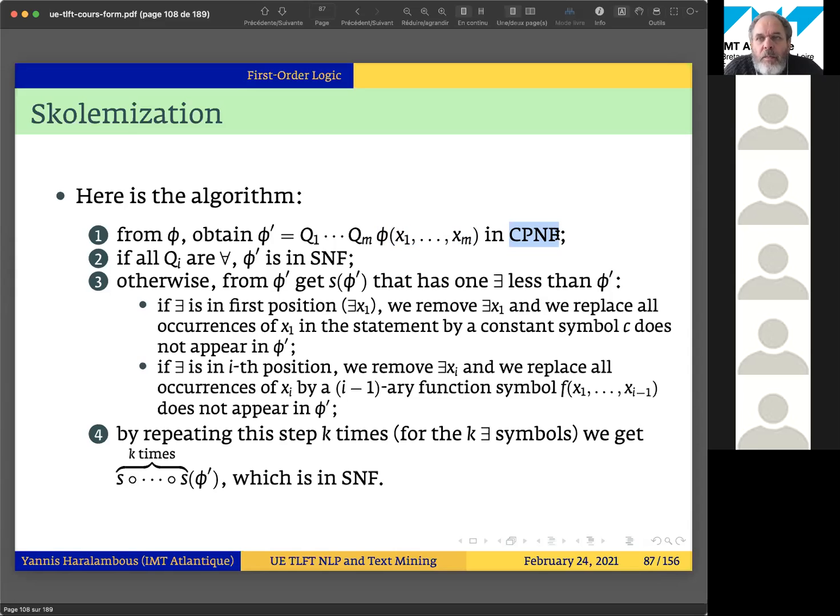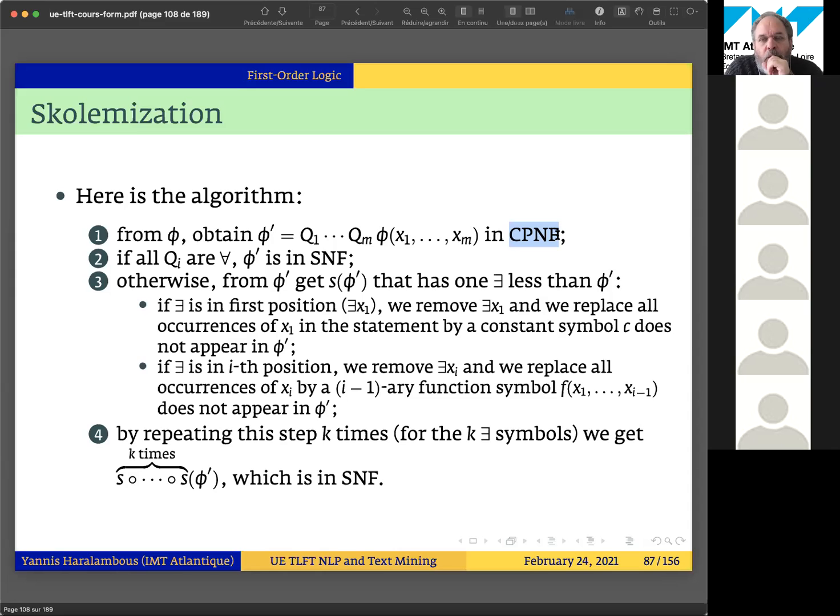There are 2 cases. First case, my existential quantifier is at first position.